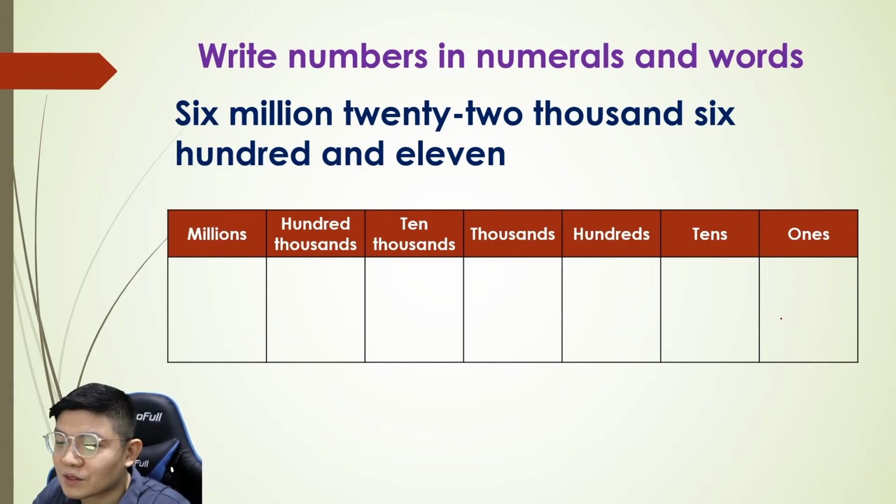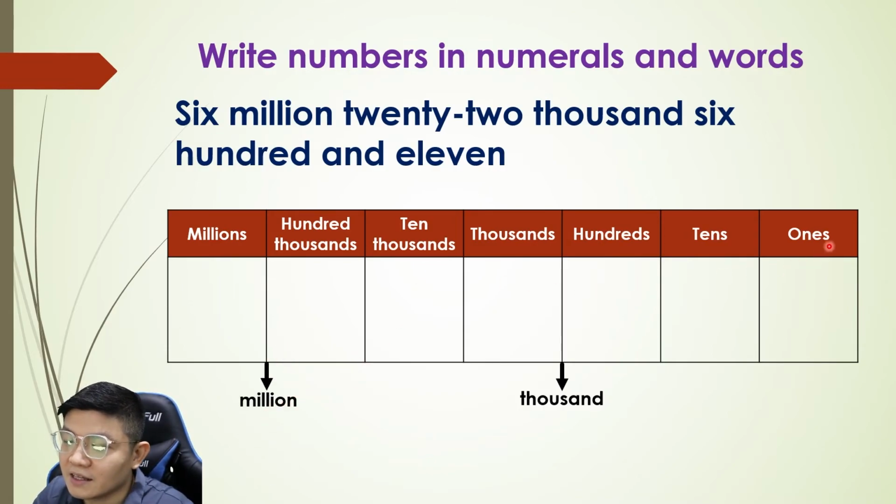Now, okay, don't forget, we label the gate of thousand. 1, 2, 3, thousands. 1, 2, 3, millions. Okay. Then, of course, in between 100 and tens, put an n there.